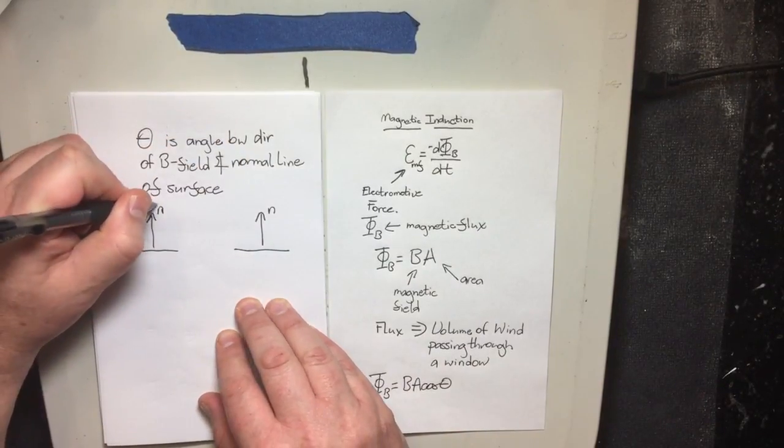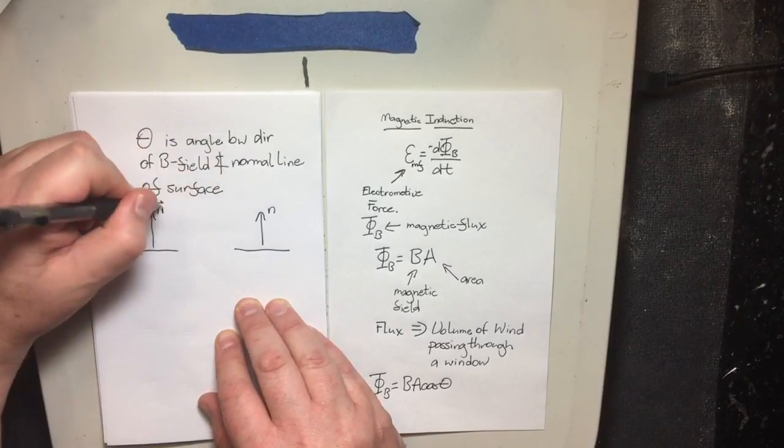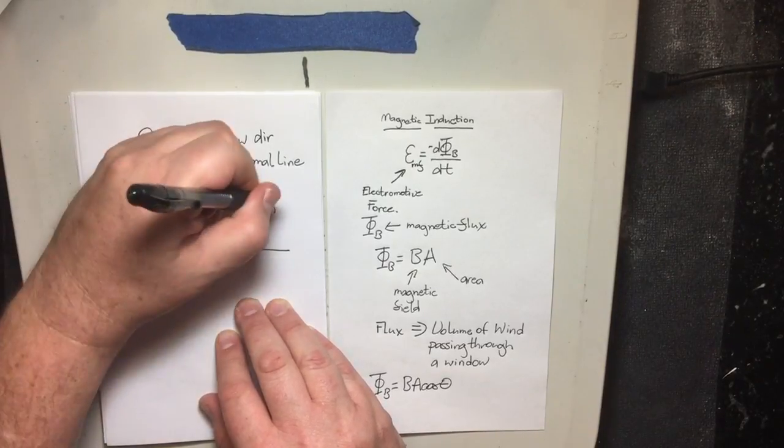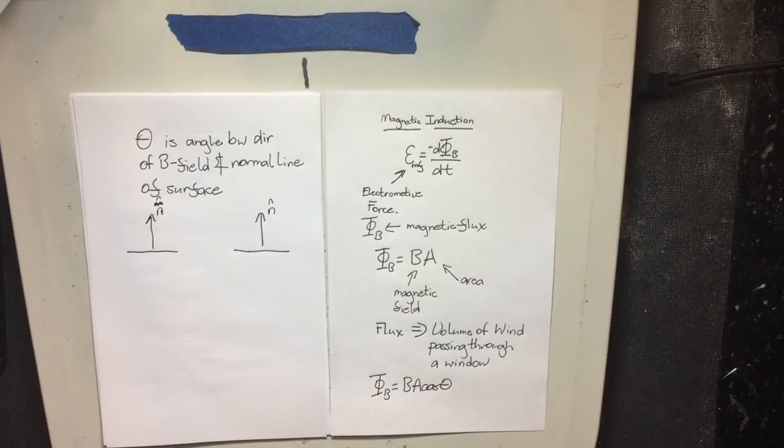You can write n vector or n hat, a lot of times people use.